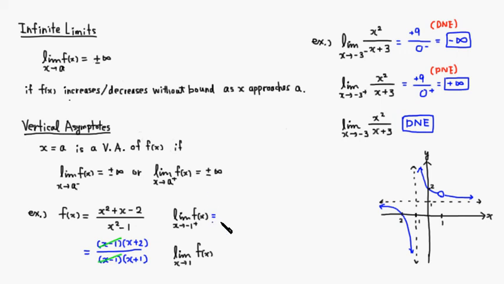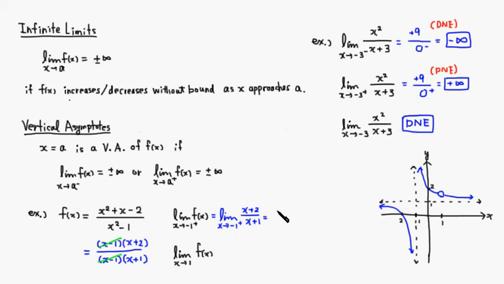Then we can just take the limit as x approaches negative 1 from the right of x plus 2 over x plus 1. So plug in negative 1.